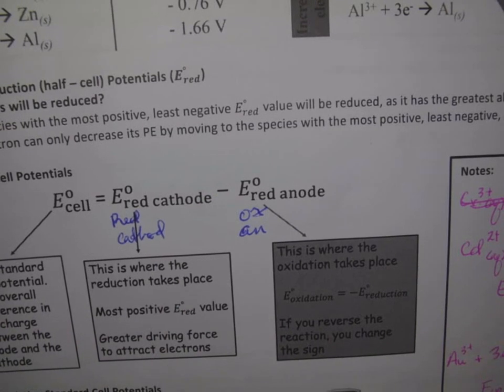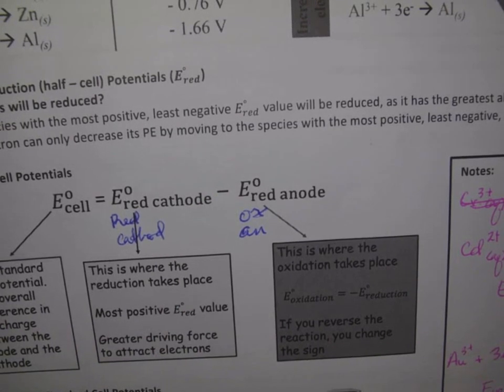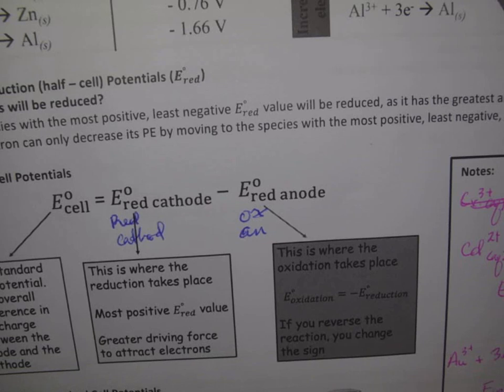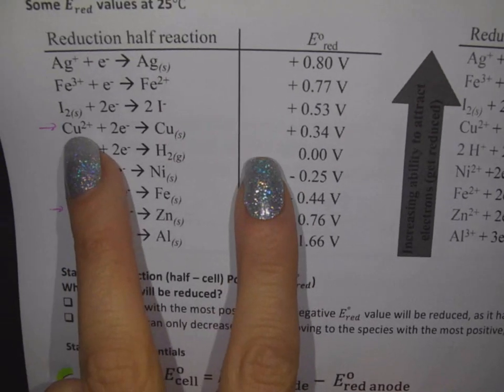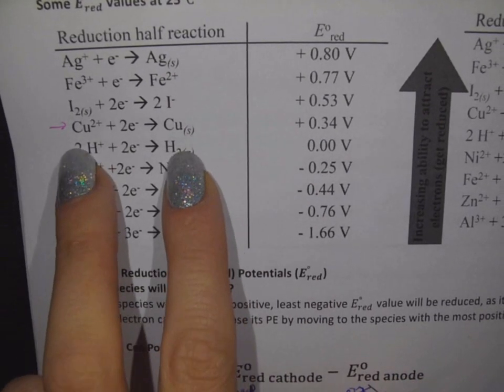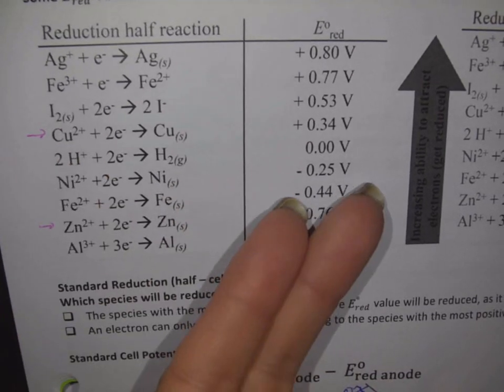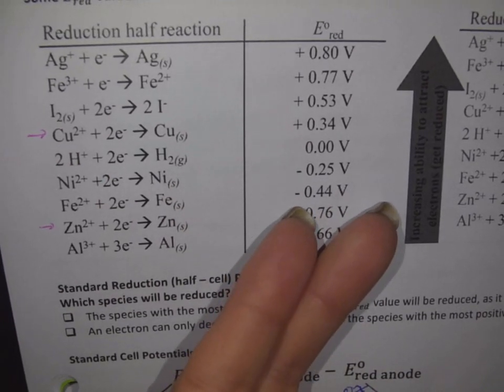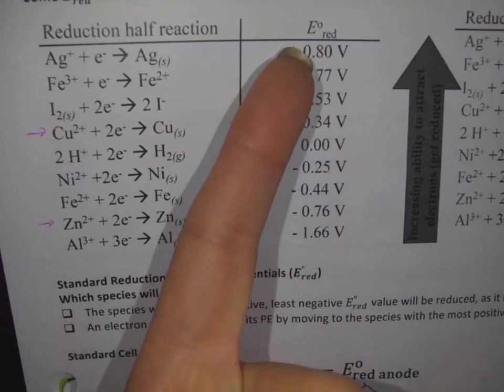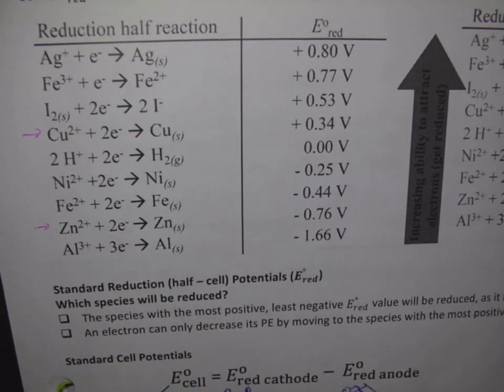If you put the negative in, it just flips it because 2 negatives make a positive. Well, and it's just like we've talked about before. If we have a reaction and we take the inverse of it, the delta H becomes the opposite sign, and it's the same thing for E potentials here, okay?